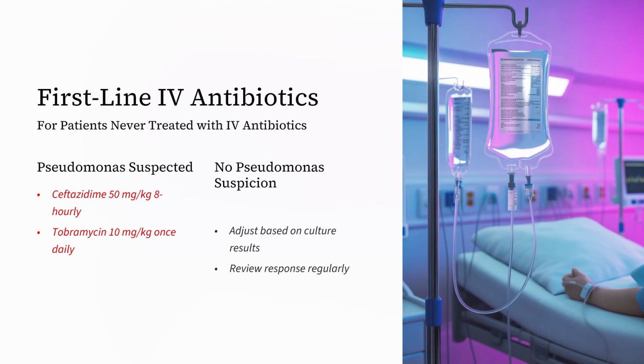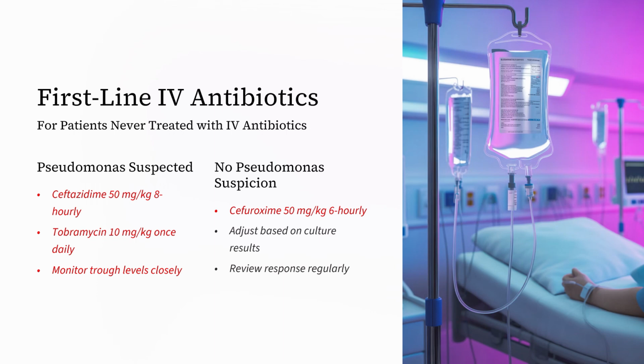Ceftazidime is given in the dose of 50 mg per kg 8th hourly and tobramycin 10 mg per kg once daily, and monitor the trough levels of tobramycin closely. If you don't suspect Pseudomonas, what you will give is cefuroxime 50 mg per kg 6th hourly, and adjust based on culture results later on and review the response regularly.